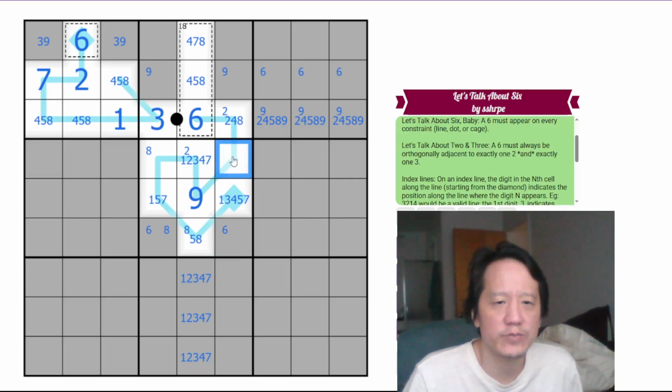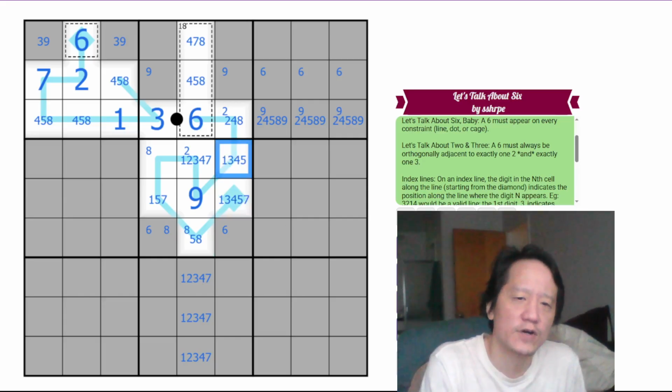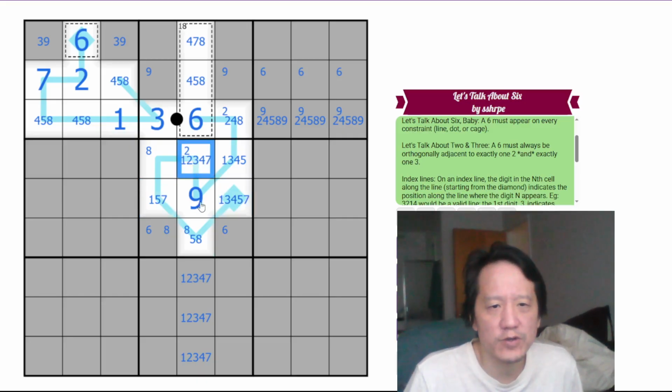So the 7 can be in 1, 3, 4, or 5. 5 can be in 1, 2, 3, 4, or 7. That's fine. 4 can only be in 1, 2, 3, 4, 5, 6, 1, 5, 7, or 8.